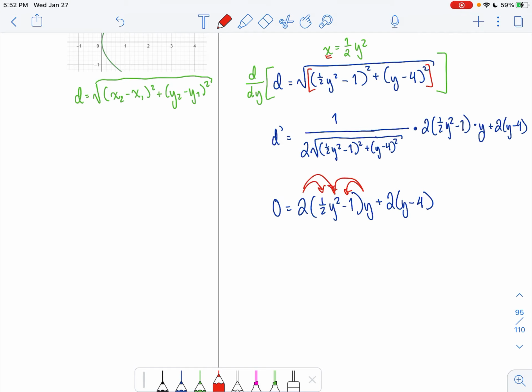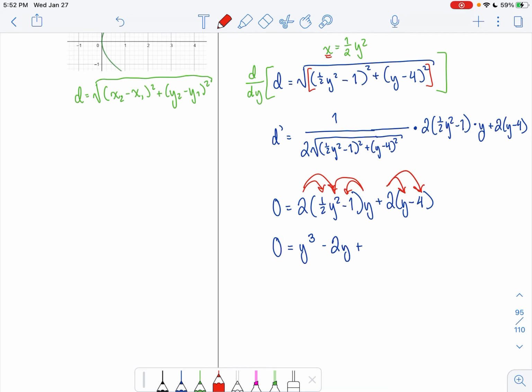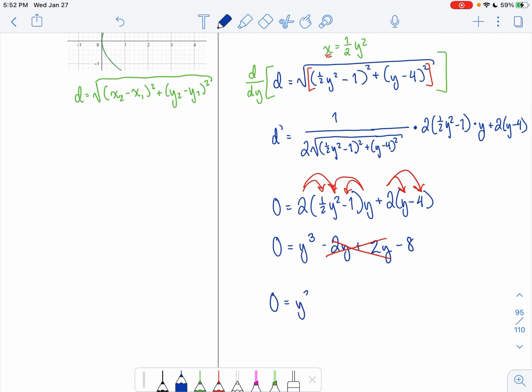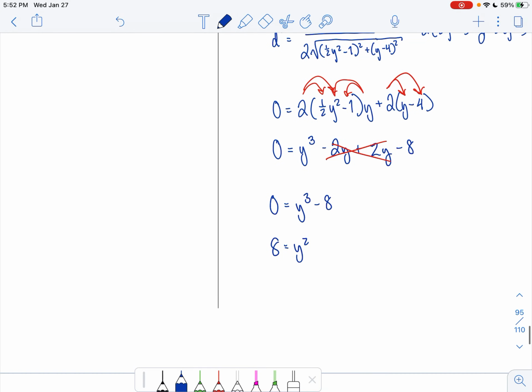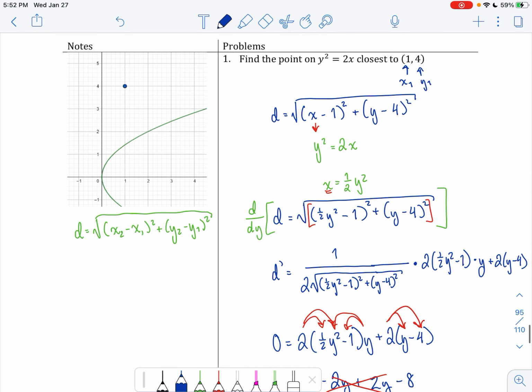Let's distribute the 2 in here, because then we'll get rid of the 1/2. So I get y cubed minus 2y. Distribute the second term: plus 2y minus 8. These terms cancel out, and I'm left with 0 is equal to y cubed minus 8. 8 equals y cubed means y is equal to 2. Oh, I wrote squared, I meant cubed.